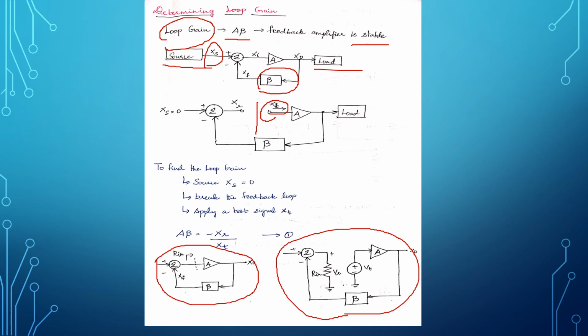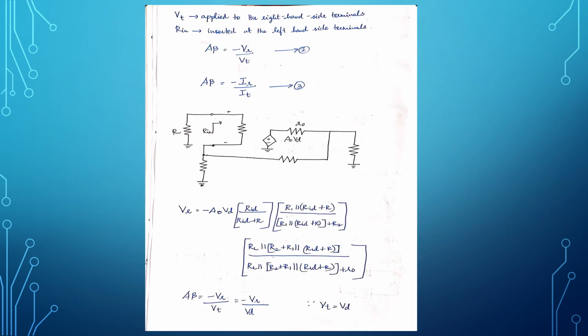In the next step, we are going to see this VT is going to be the voltage applied to the right hand side terminals, and Rn is going to be the left hand side resistance terminals. The second equation follows the first equation we saw with respect to our test signal, and here it is with respect to the voltage, and the third equation is with respect to current.